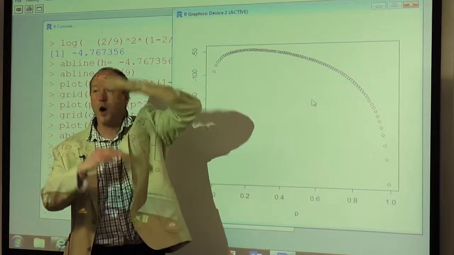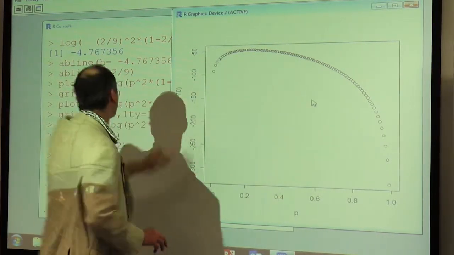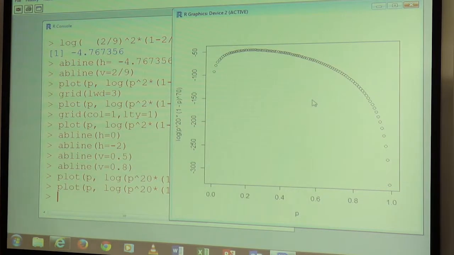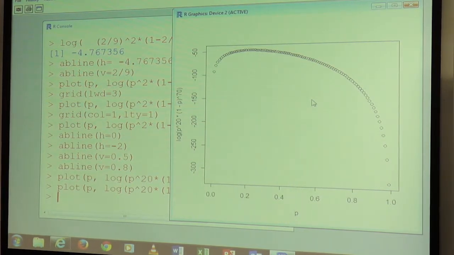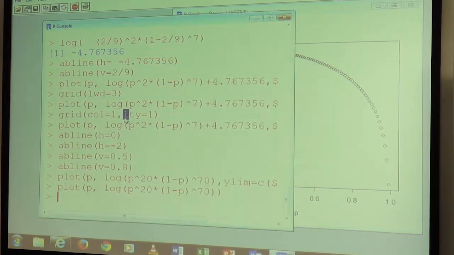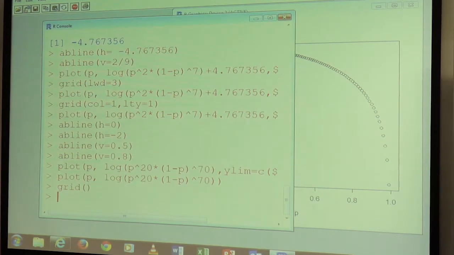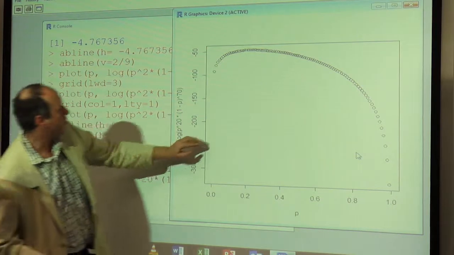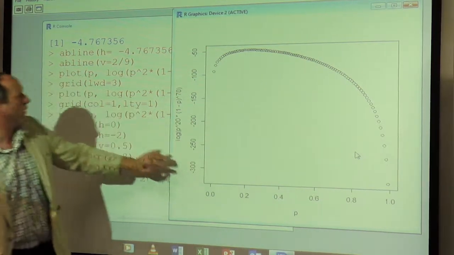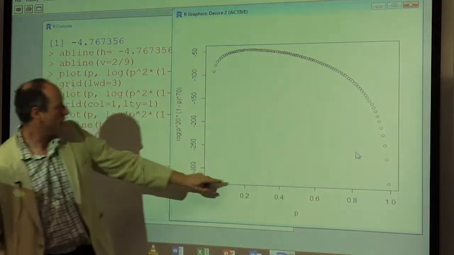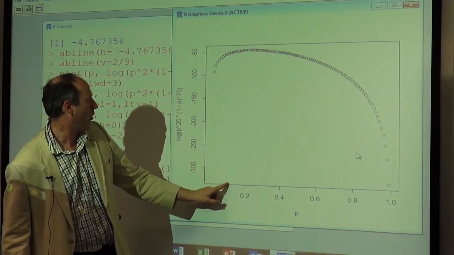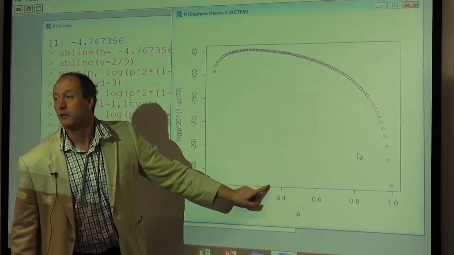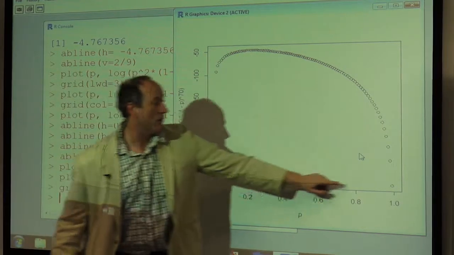I can control the y-axis quite easily, but what I'm going to do instead is control my p's. If I put a grid on this, really, I'm interested, well, let's just say about 0.1 to 0.3. That's where all the action's happening. Most of it's just like crazy.